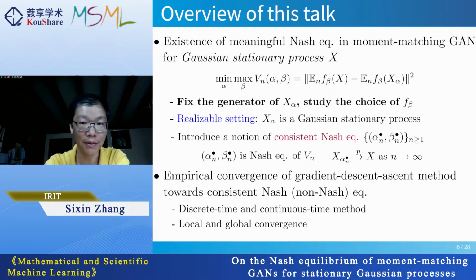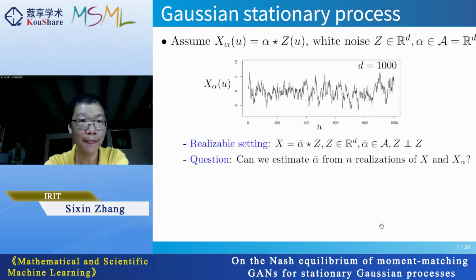And I will also show some empirical numerical results about gradient descent methods towards consistent Nash and non-Nash equilibrium from different perspectives.